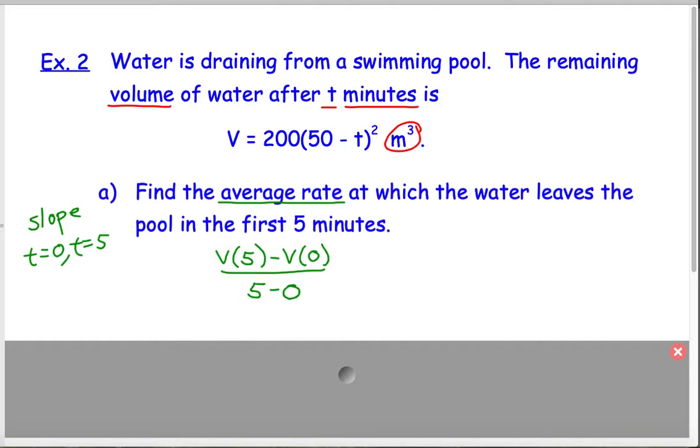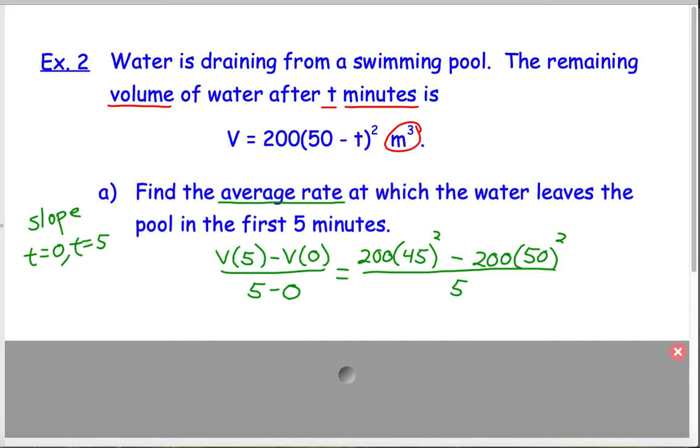If we plug those numbers in, what are we going to get? We're going to get 200 times (50 minus 5), so 45 squared, and then minus V(0), which will be 200 times (50 minus 0), or 50 squared, all over 5.